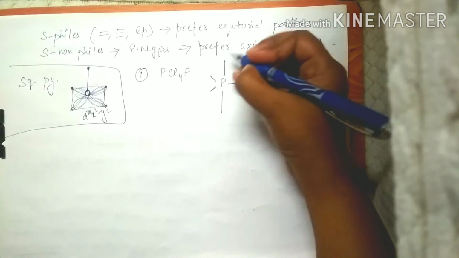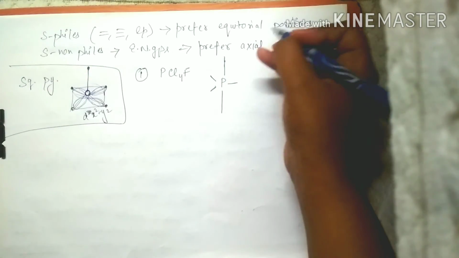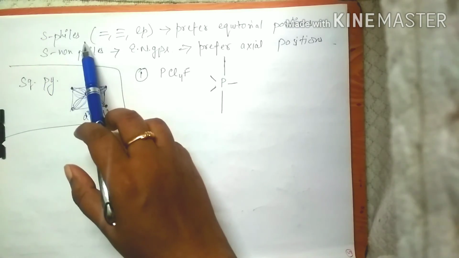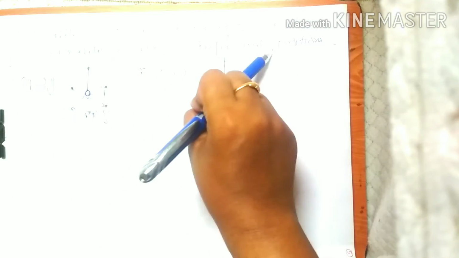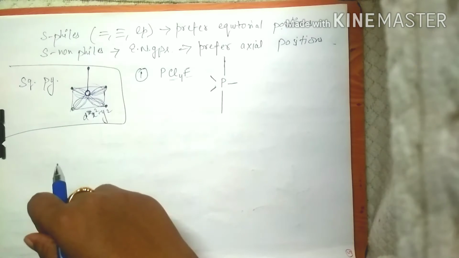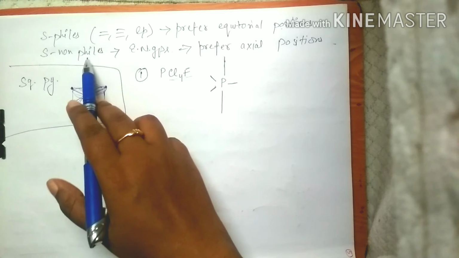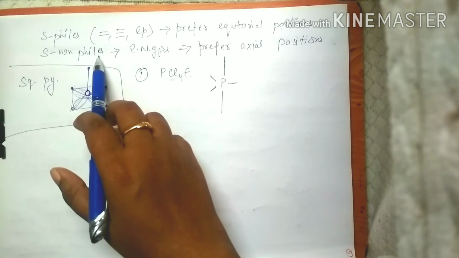These are the 2 axial bonds and these are the 3 equatorial bonds. Now we know that s-philes are going to prefer equatorial positions and s-nonphiles will prefer axial positions. So if we have both of these electronegative groups, then the one which is more electronegative will be called the more s-nonphile type of group.